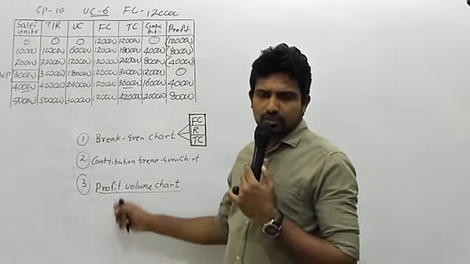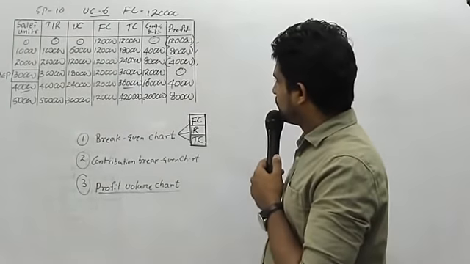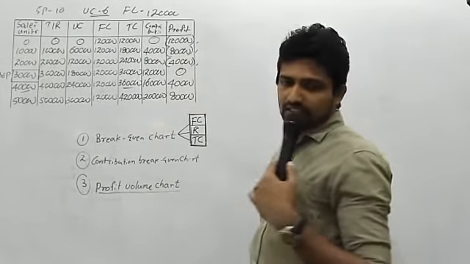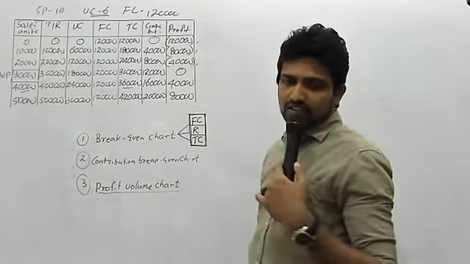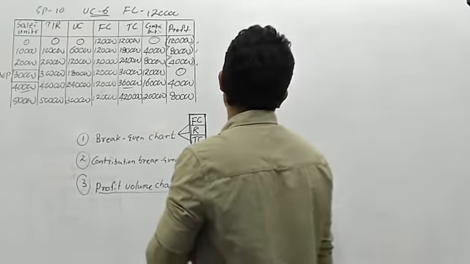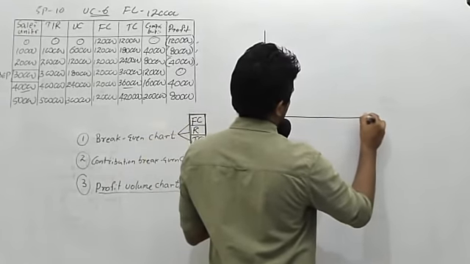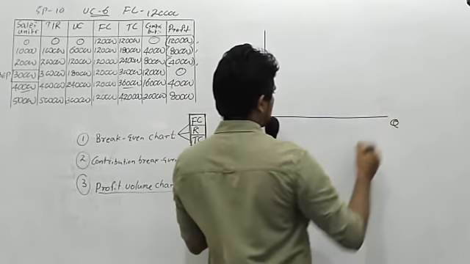But when you take the profit, you see there are some losses. Therefore, this diagram should represent even a loss area. Something like this. This is the Q axis.